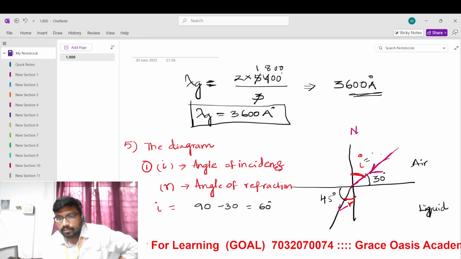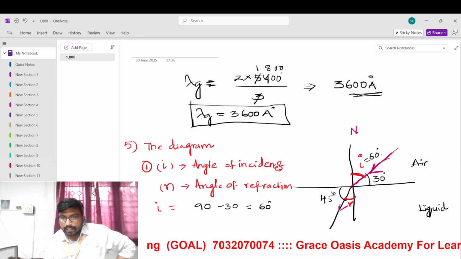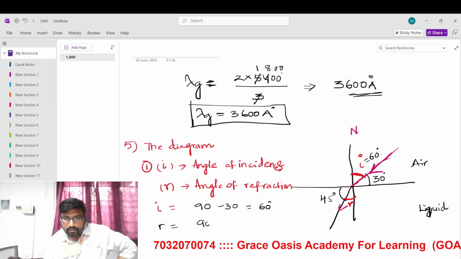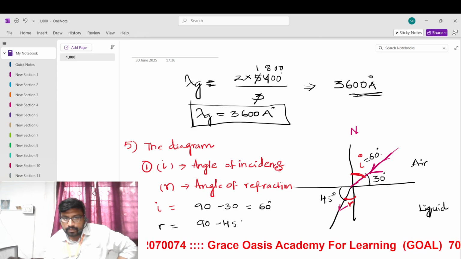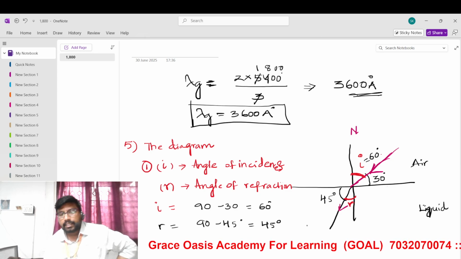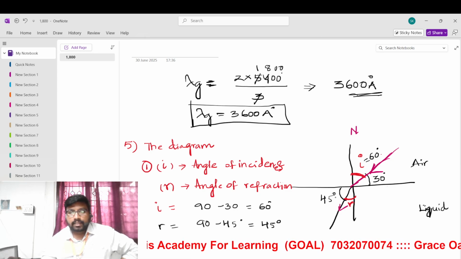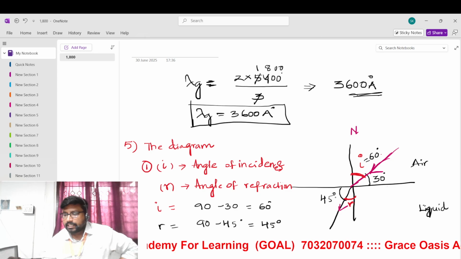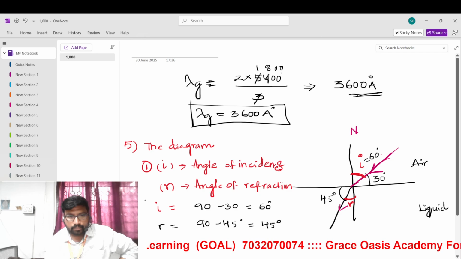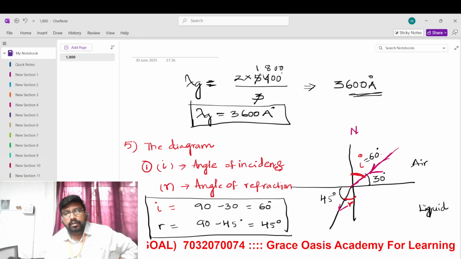So I equals 60 degrees here. And this is total 90. 90 minus 45, what will be the value? Again it will be 45 degrees. So this is the angle of incidence and angle of refraction. This we found out. Fine, done, right?